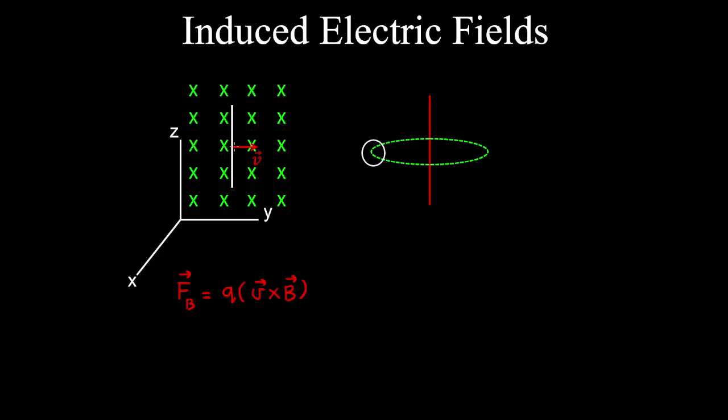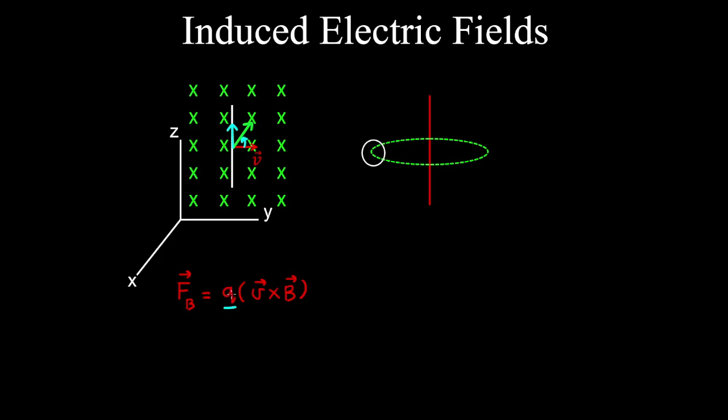Now for a magnetic field acting into the screen, or the negative x direction, if we take the cross product between these two vectors by the right hand rule, the magnetic force will point upwards. So this direction of the magnetic force is the direction that it acts on a positive charge.